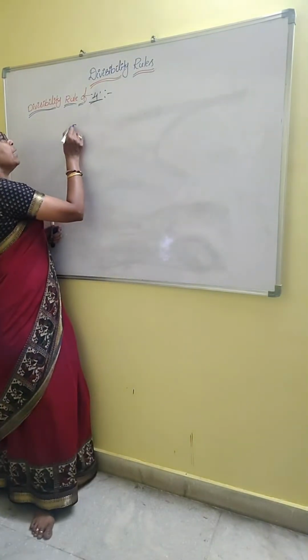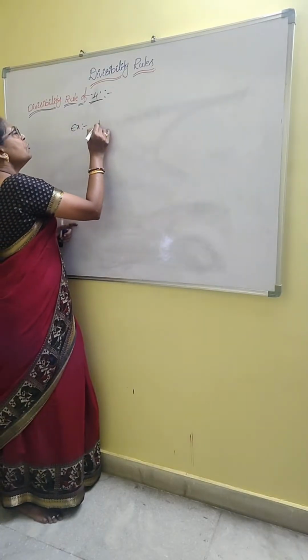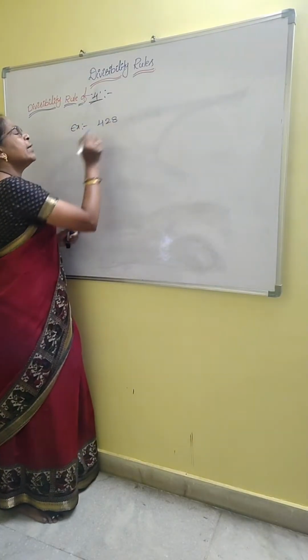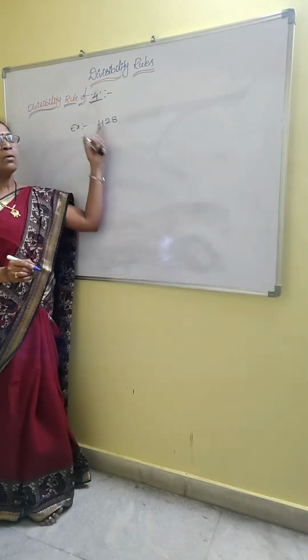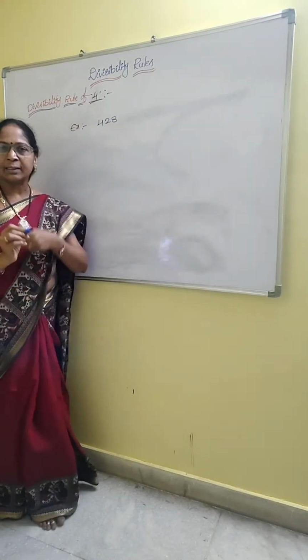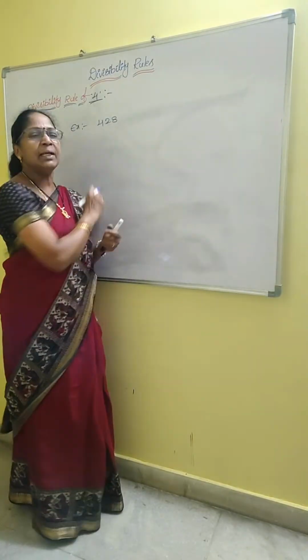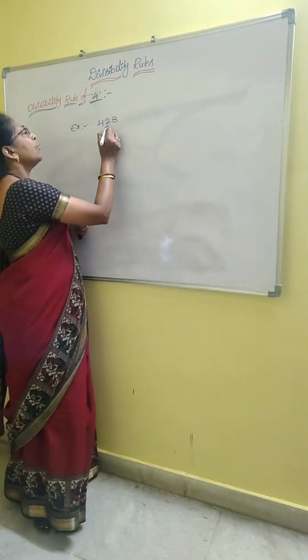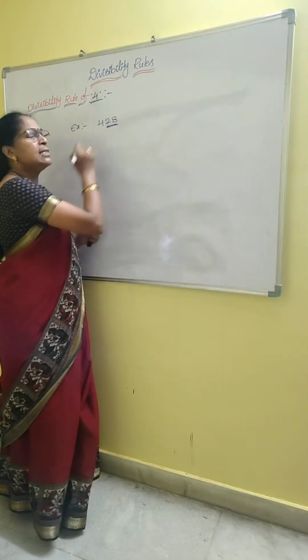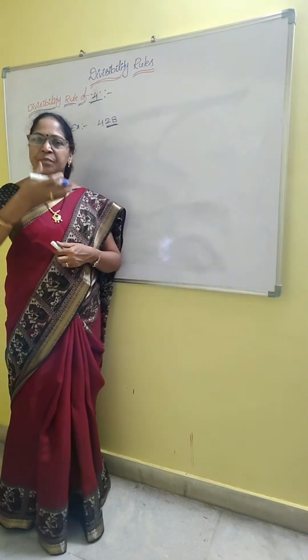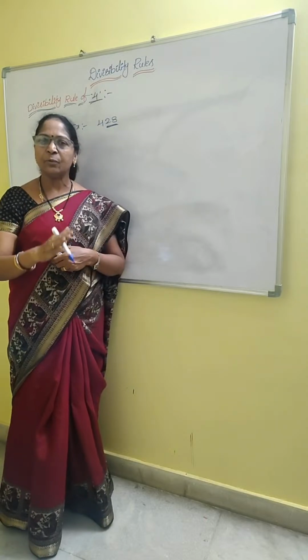For example, 428 is the given number. Is this number divisible by 4 or not? That is our question. How can we check it? No need to do the direct division. Directly we have to consider the last two digits of the number, the number formed by the last two digits.